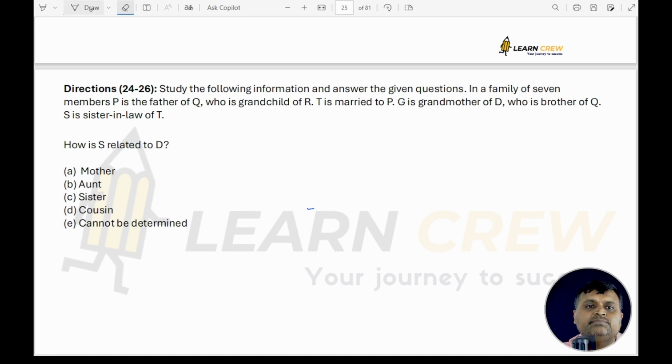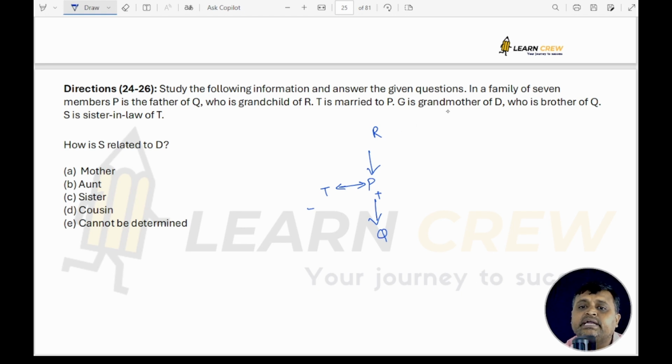P is the father of Q. Who is the grandchild of R? So there is somebody in the above generation, that is R. And T is married to P, so T and P are a married couple.